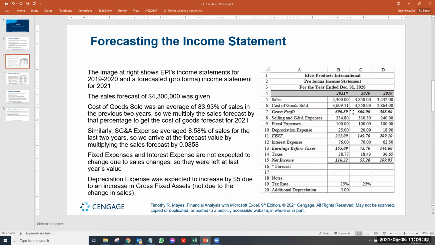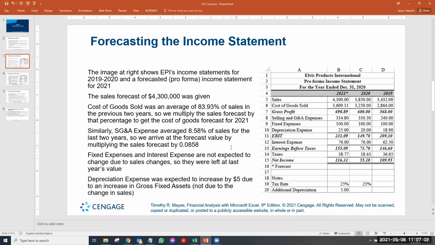Now, not all items need to be a result of change in sales. Depreciation, for example, is always related to change in depreciable items, not sales. So if you're in a scenario that your sales went up, but you didn't buy or sell any buildings, for example, then your depreciation wouldn't change even if your sales went up.